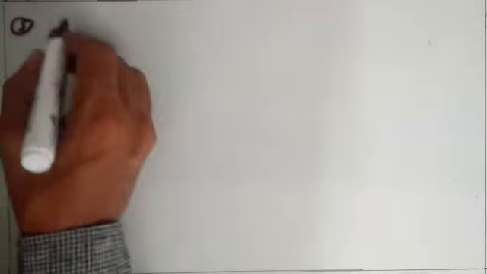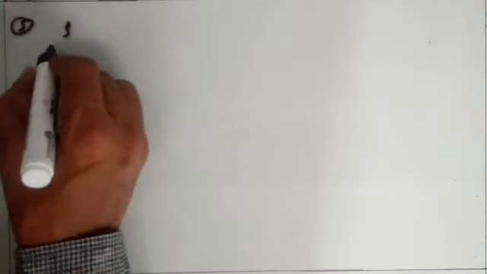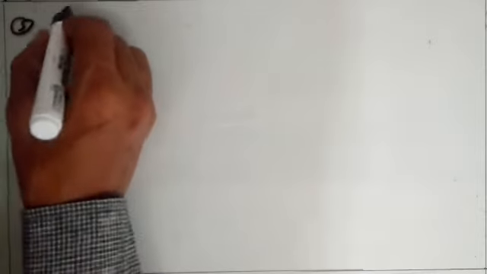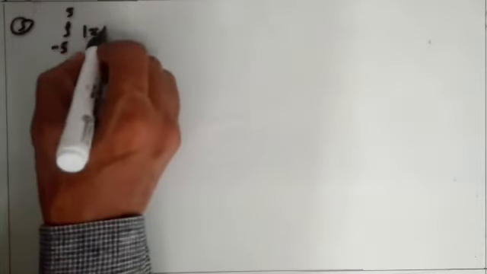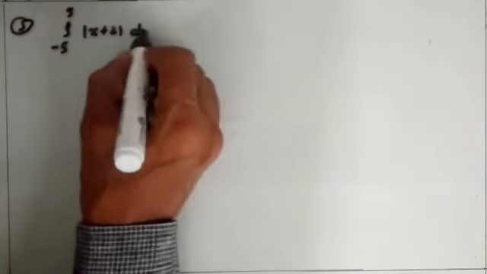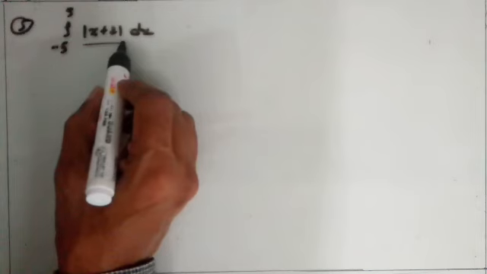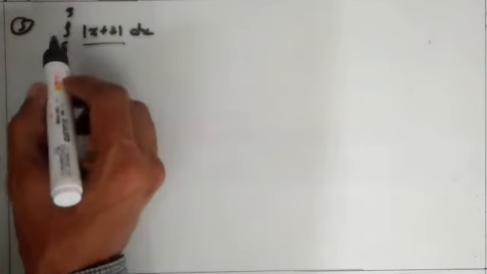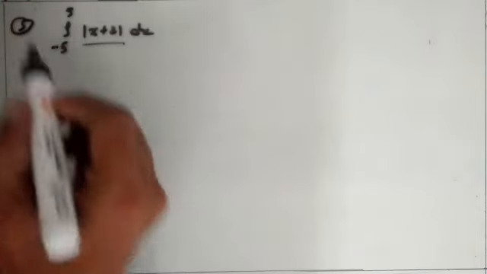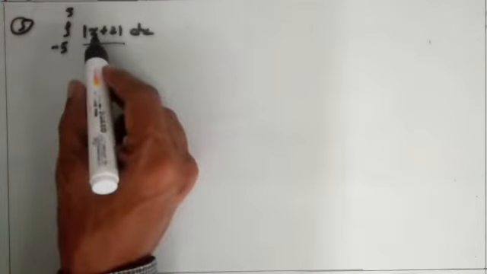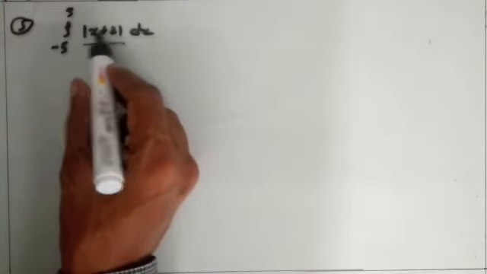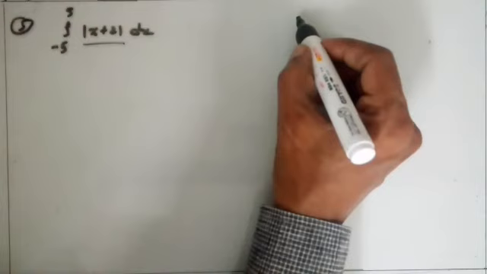Now question number 5. Important question, remember this. Find the definite integration minus 5 to 5 mod of x plus 2 dx. Remember this, in this type of integral, mod of x plus 2, here the limit given is minus 5 to 5, then first we check where the value of x plus 2 becomes 0.